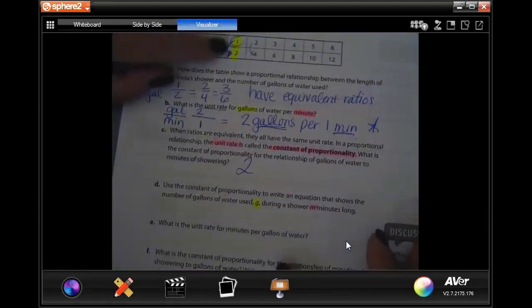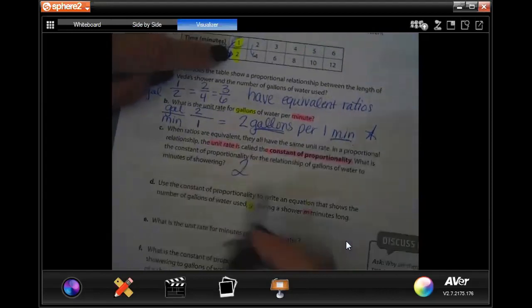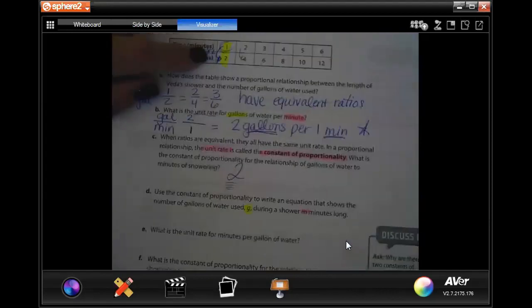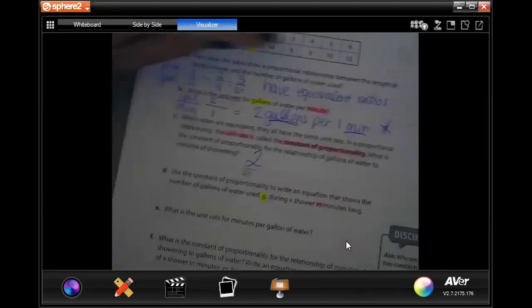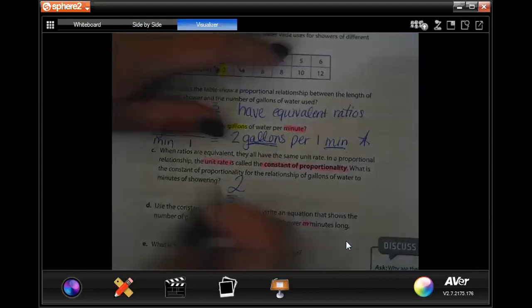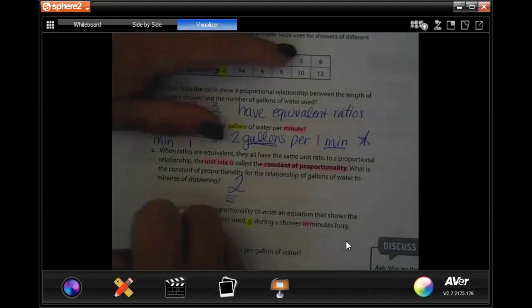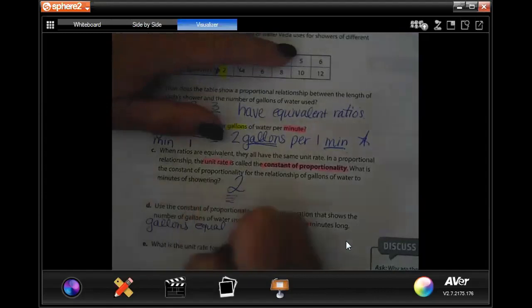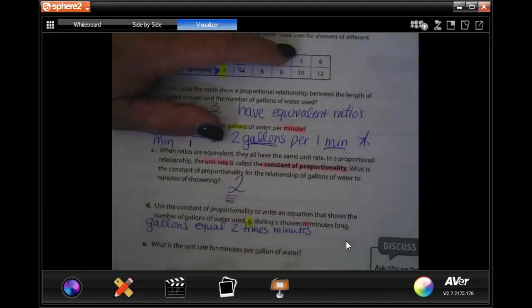We took our minutes and we multiplied it by 2, the constant, to get the gallons, right? So if I took my minutes, 4, multiplied it by 2, that represents the gallons. So our gallons equal 2 times minutes. So in words, that's what we know.